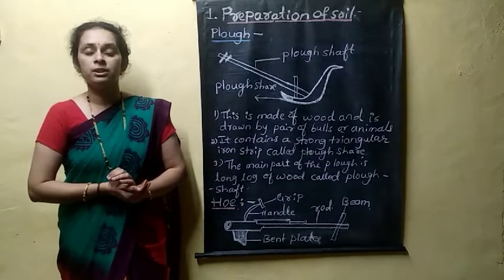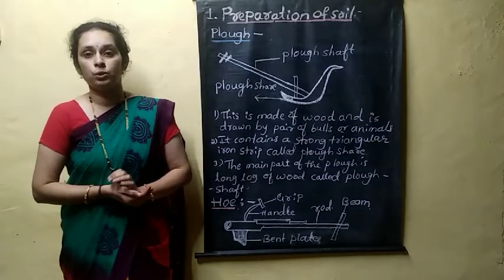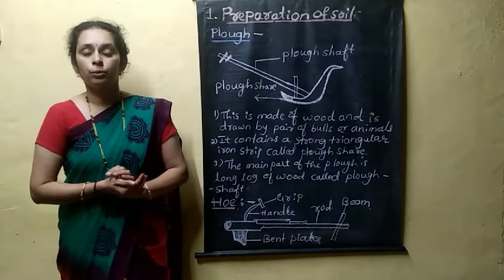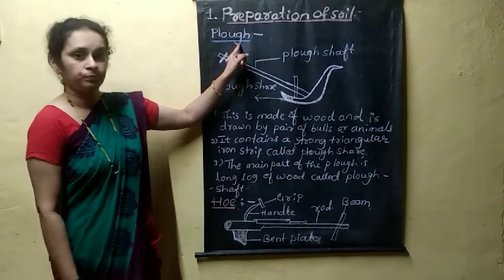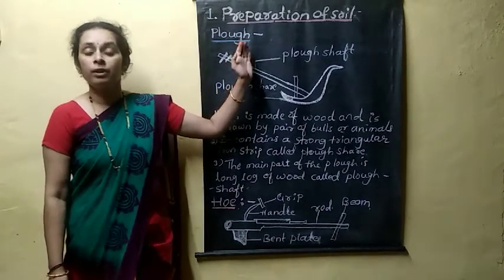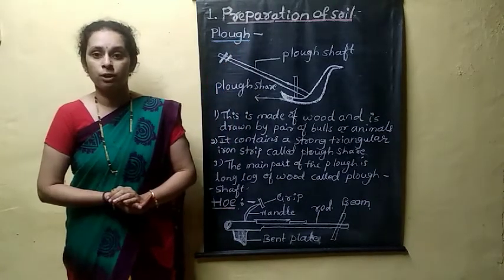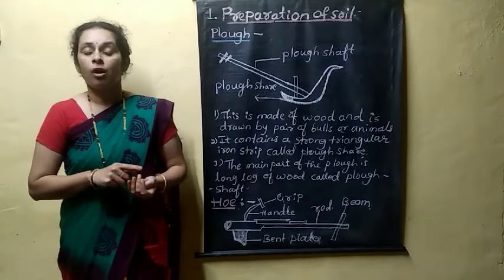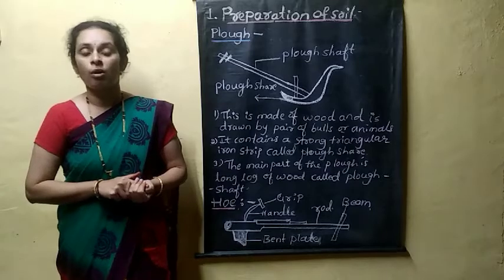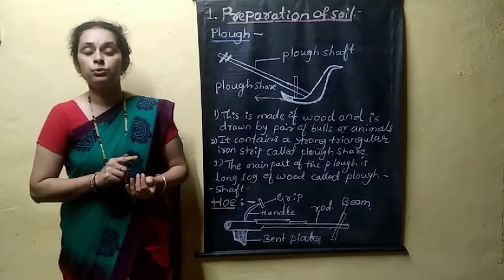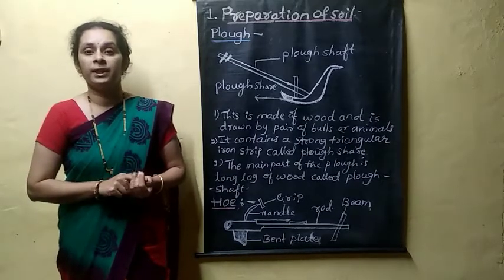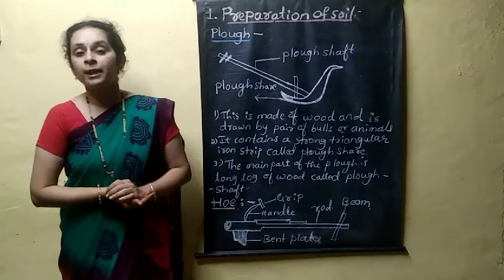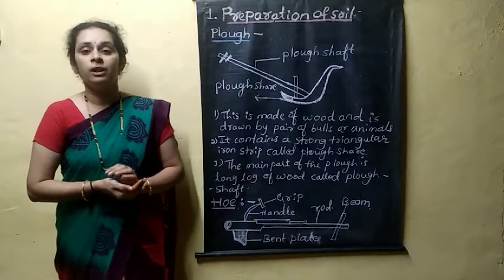Now, we have to discuss the different tools involved in plowing. The first tool is the plow. The plow was used in ancient times also. It is used for tilling, loosening and turning of soil, for removing weeds, and for adding manures and fertilizer to the land.